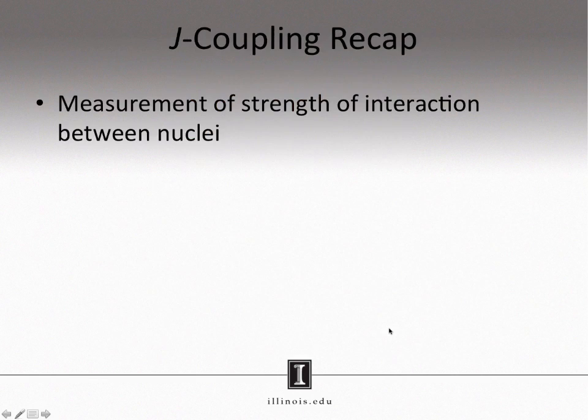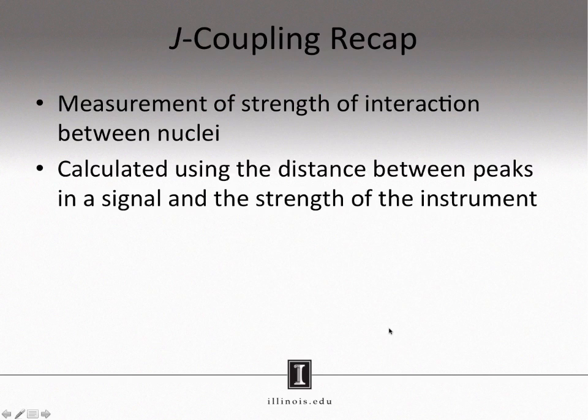To recap this webcast, the coupling constant, or the J value, of a signal is a measurement of the strength of the interaction between two nuclei. This value is calculated using the distance between peaks in a proton NMR signal and the strength of the instrument used to generate those signals. J values are reciprocal. Two protons splitting each other must have the same J value.